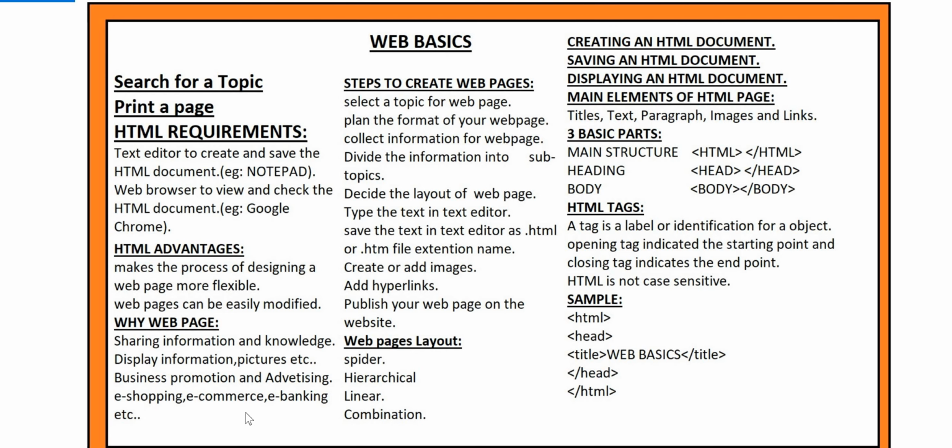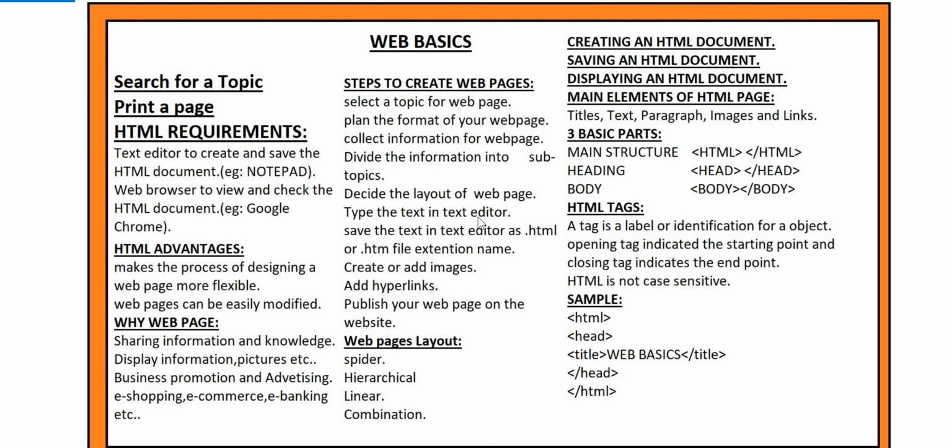Now how do we create web pages? We will try to understand the steps for it. Select a topic for the web page. Plan the format of your web page. Collect information for the web page. Divide the information into subtopics. Decide the layout of the web page.